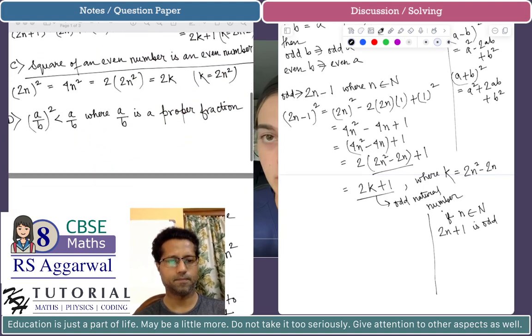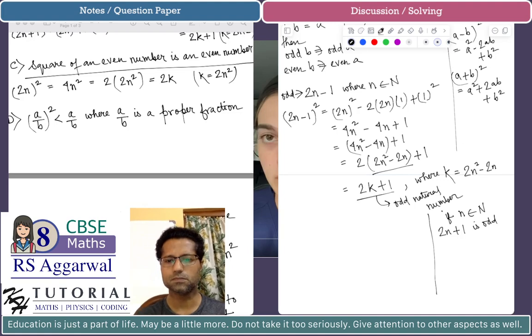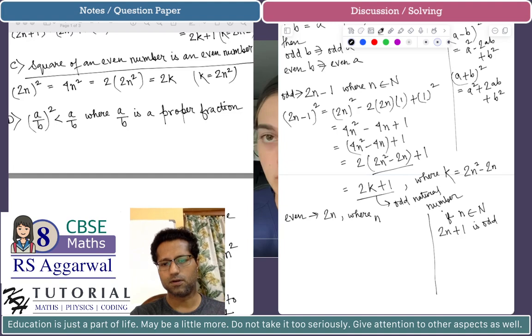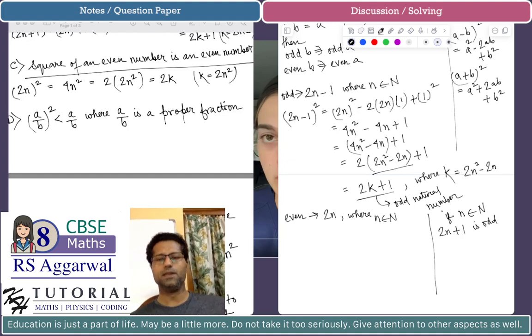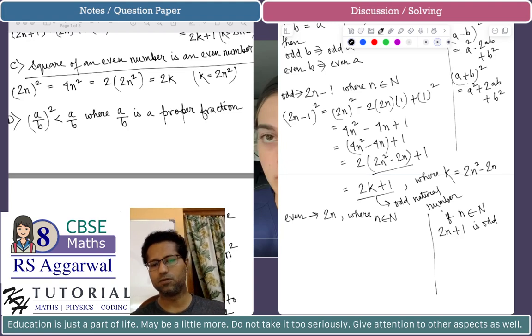Category C is saying, I hope you can see the notes properly. Category C says that the square of an even number, by number I mean a natural number, is also even. Now you know that any even natural number can be expressed in the form 2n, where n is a natural number. You take any even natural number, 2 can be expressed as 2 into 1, 4 as 2 into 2. So any even natural number can be expressed in the form twice of n, where n is a natural number.